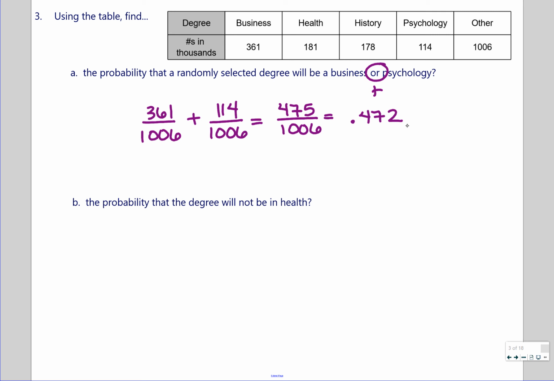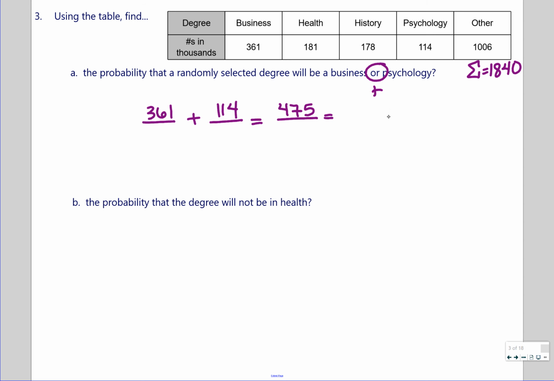Yes? Oh, it is other. Oh, that stinks. I was like, oh, that's not the name of a degree. My brain's not working this morning. Okay, so let's add them up. 181, 178, 114, 1006. 1840. Okay, let's fix that.